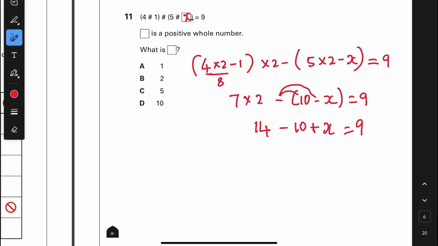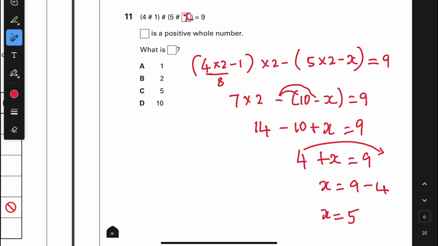So 14 minus 10 is 4 plus x equal to 9. This 4 transposes here, so minus 4. So 9 minus 4, x equal to 5. That is our answer, option C. So I hope you understand till this part, okay?